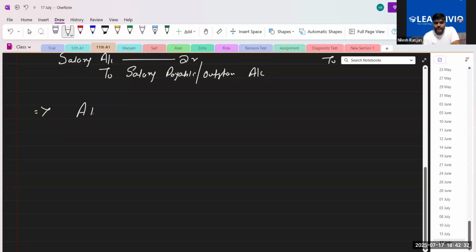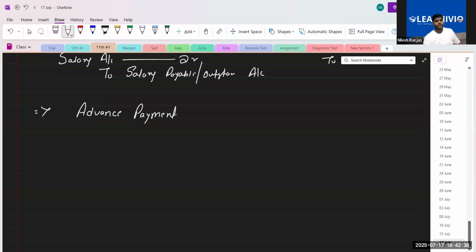Advance payment. Advance payment of expenses. Now, first of all, if the expense is not incurred yet, let's say it is the start of the month and we have paid the salary already because the employee had some work.